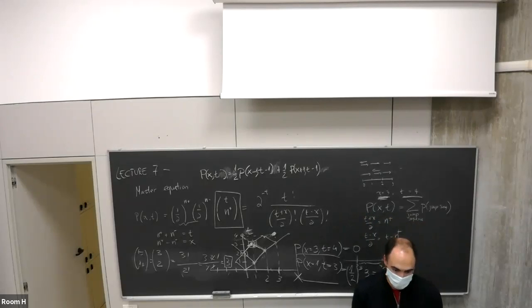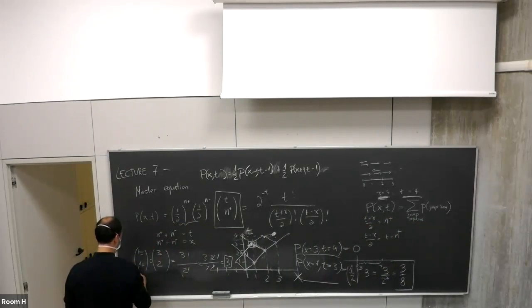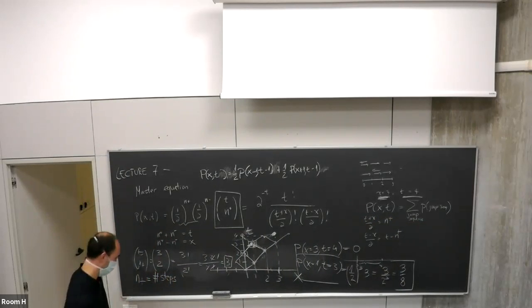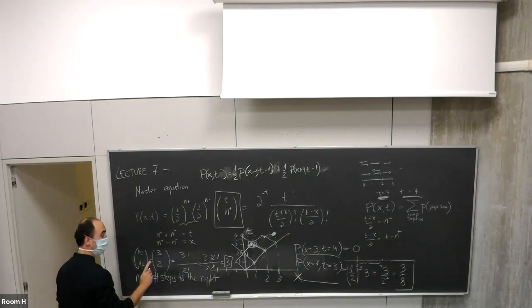The n plus is there one step to the right? Yes. N plus, which means right, is the total number of steps to the right in time t.